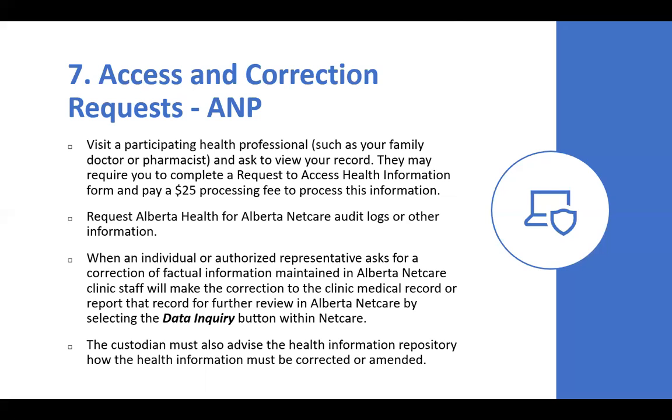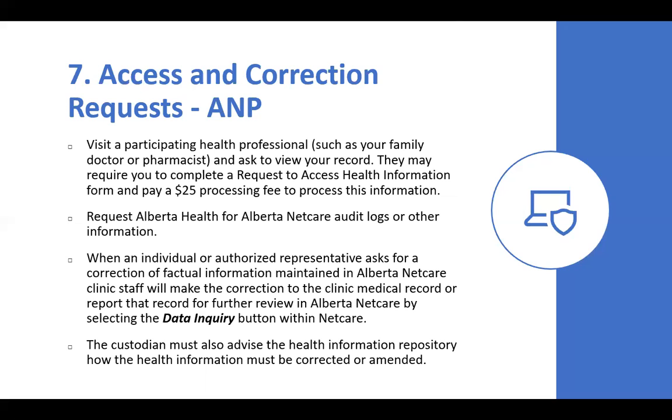So if a patient comes to you and says, this information that you've got for me that is also on Alberta Netcare Portal is wrong, I want to have it corrected, then your staff does have a role to help that patient ensure that the information gets corrected. So in your policies and procedures, you need to have those steps that you need to do to implement that for Alberta Netcare Portal.